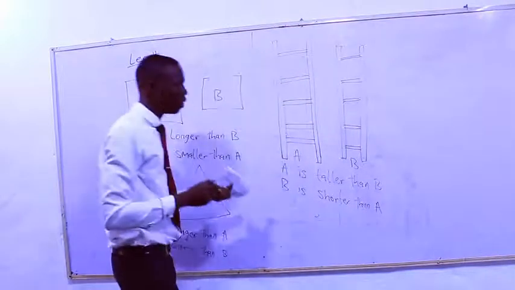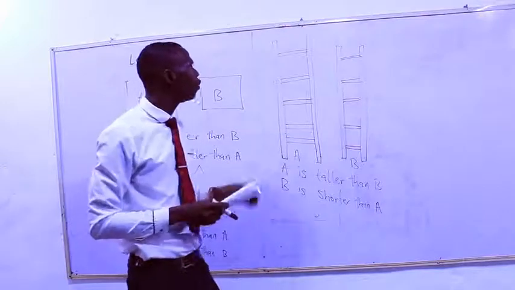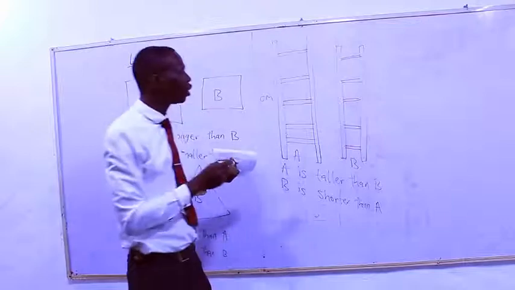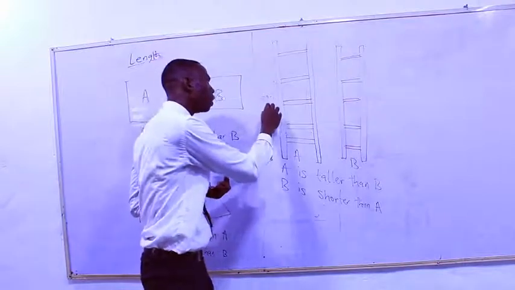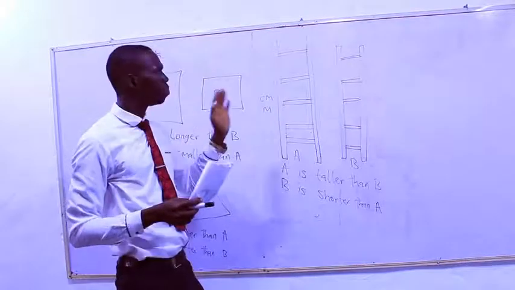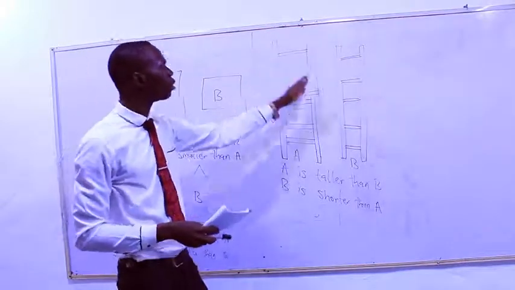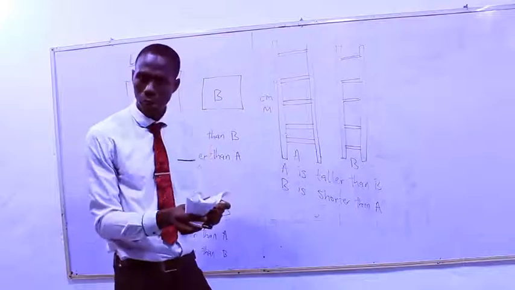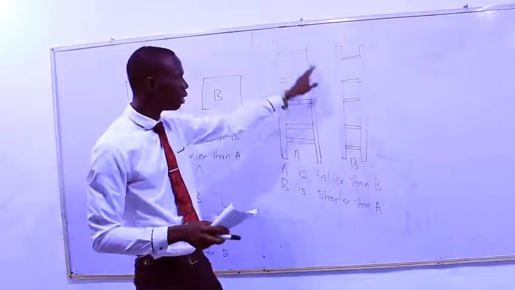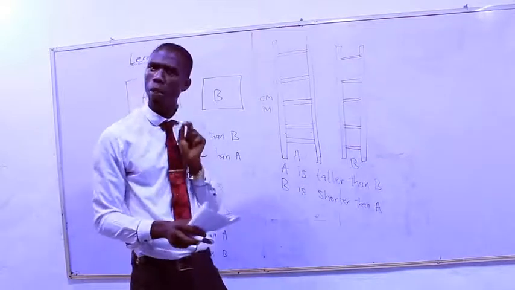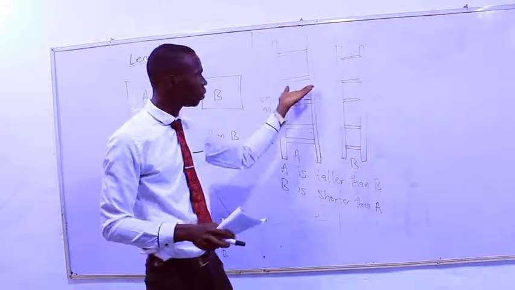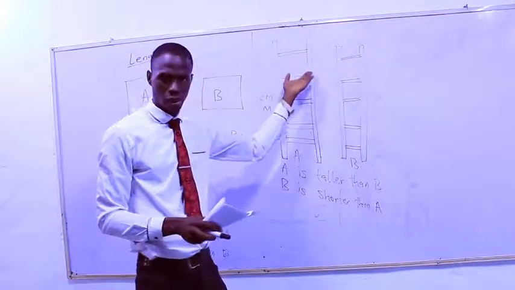Remember, we use cm to measure length, or m. cm means centimeter, while m means meter. If we want to measure this, we can use tape or a scale ruler to measure it, but I think tape will be more convenient because a scale ruler is short compared to this ladder.